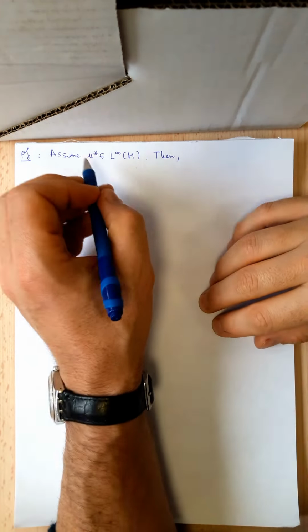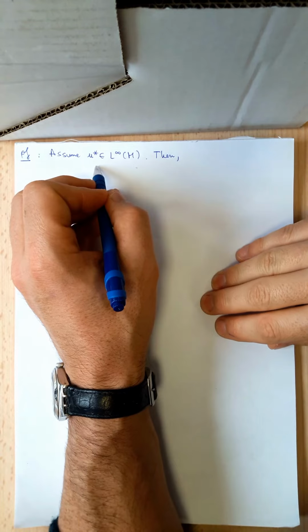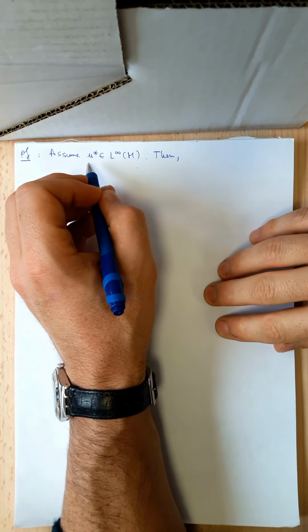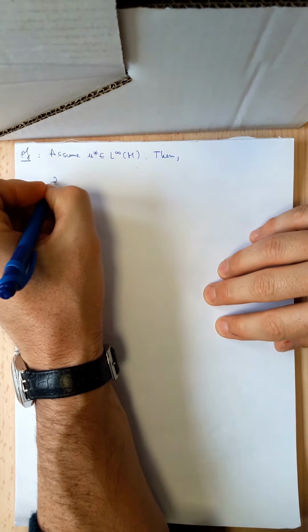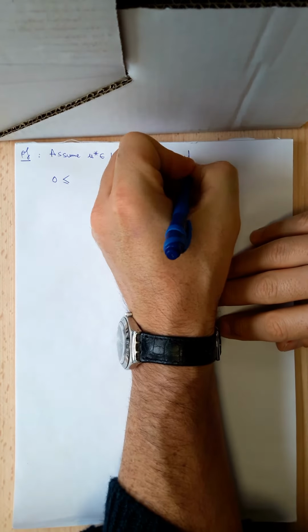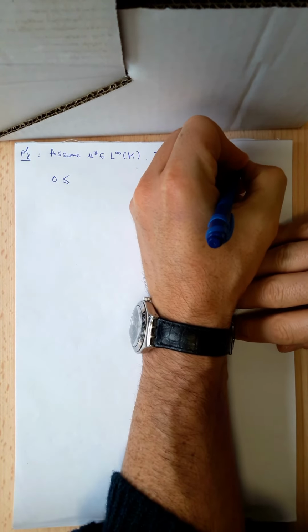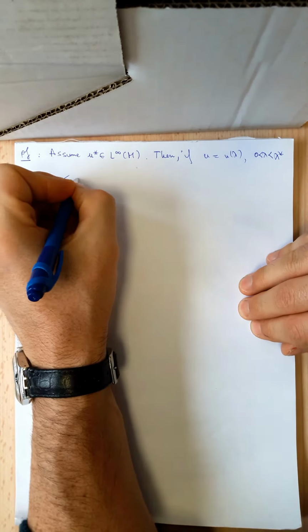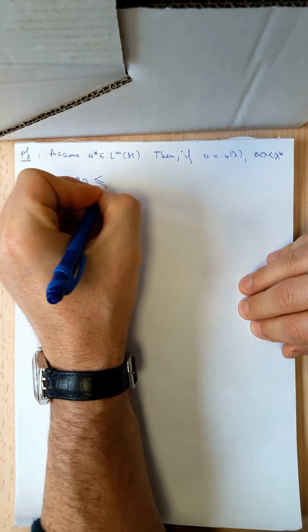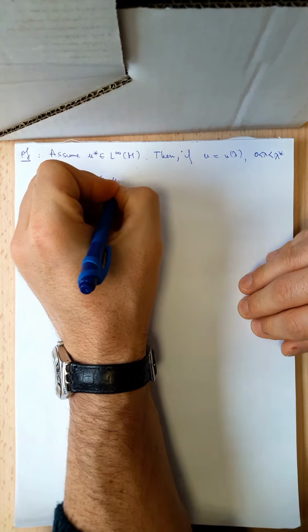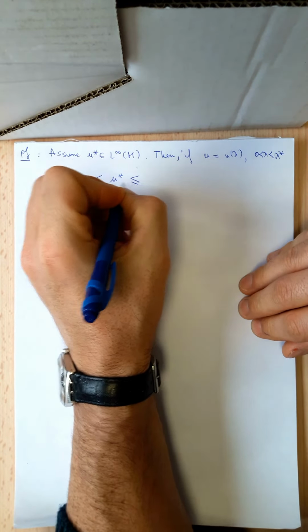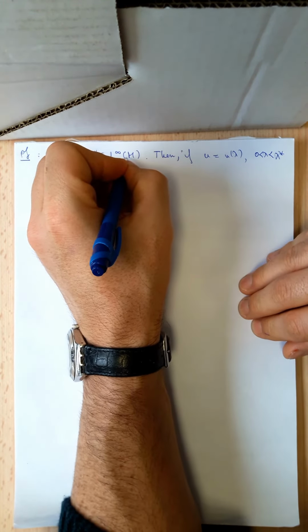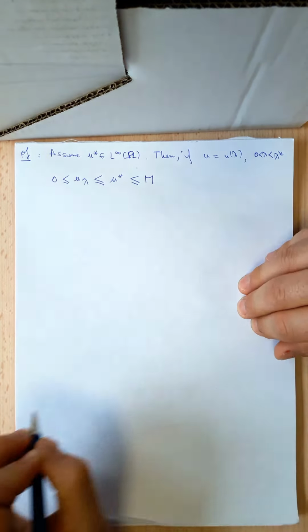Okay, so let us assume that U star is bounded and prove that it is smooth. So the first thing we can observe is that the function U lambda for lambda strictly less than lambda star is a smooth function. And U lambda is going to be less than U star, and so this whole thing is going to be less than some constant in L infinity of omega.